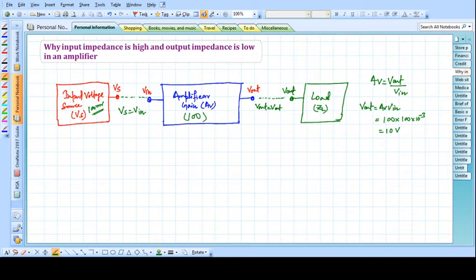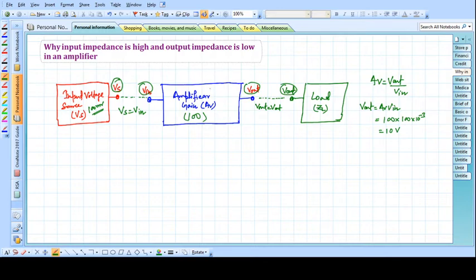So the voltage Vs becomes the same as the input, and the output equals this output. This is ideally what we want.